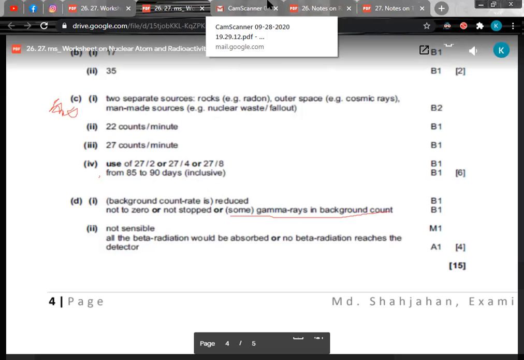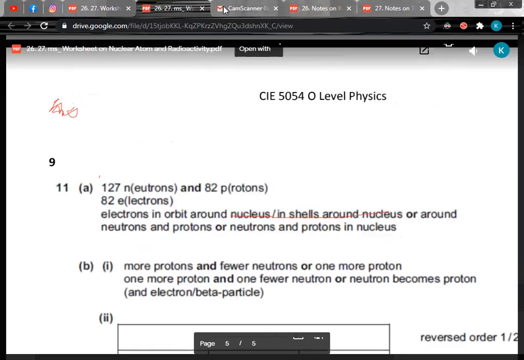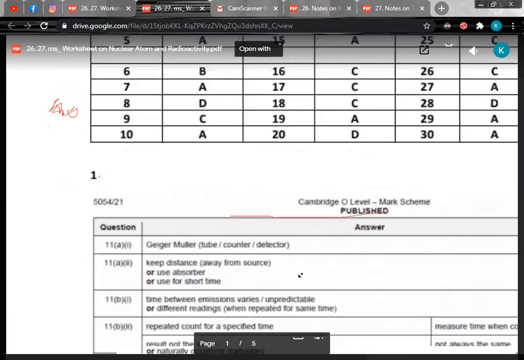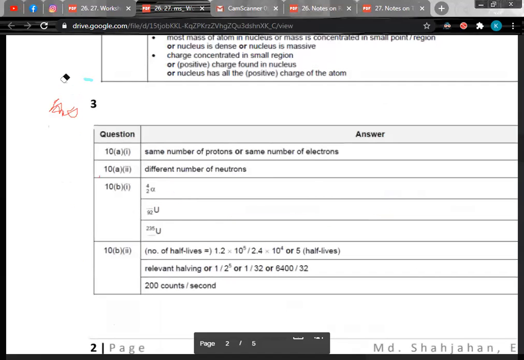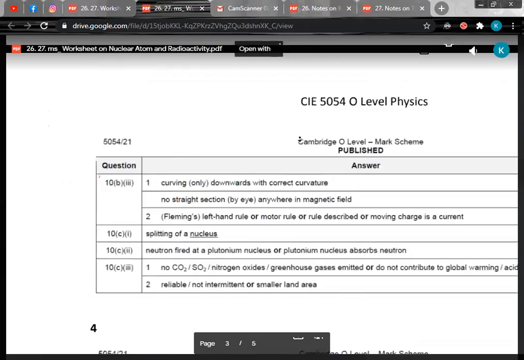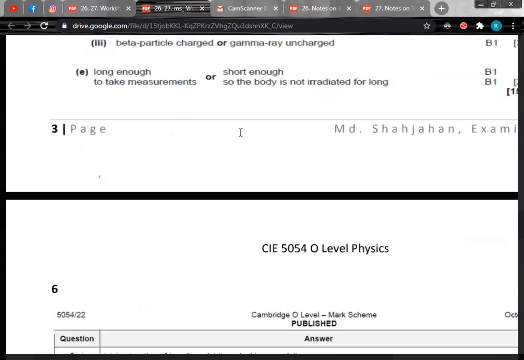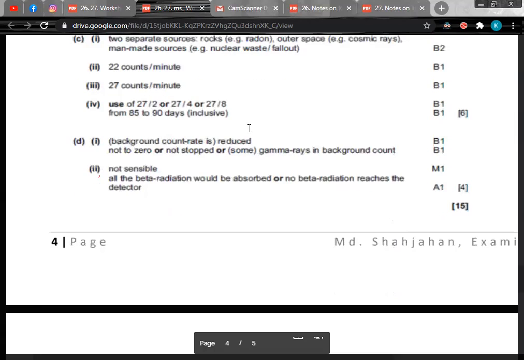Have you got it? You write there. Write in your copy quickly. Write in your worksheet.